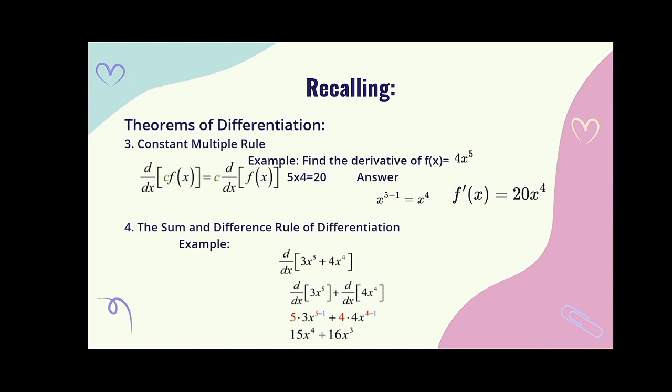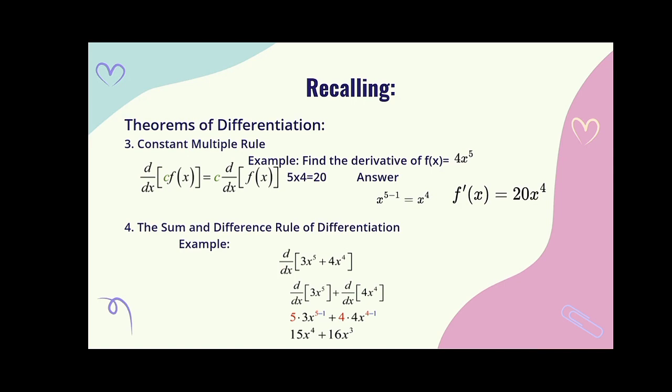Then we will add the derivative of 4x raised to 4, where we also apply the constant multiple rule, wherein we will multiply the exponent 4 to the coefficient of variable x, which is 4. So 4 times 4 is equal to 16.